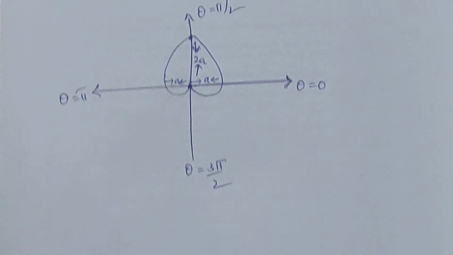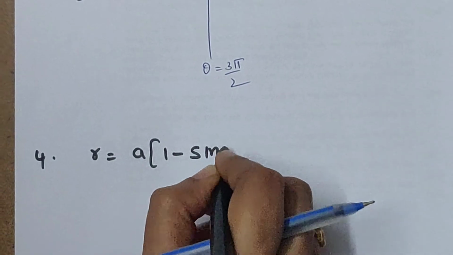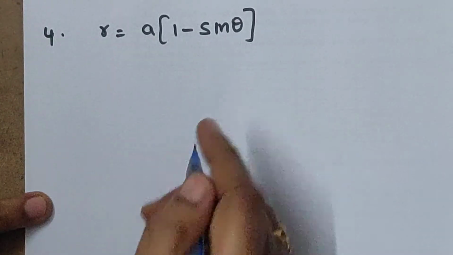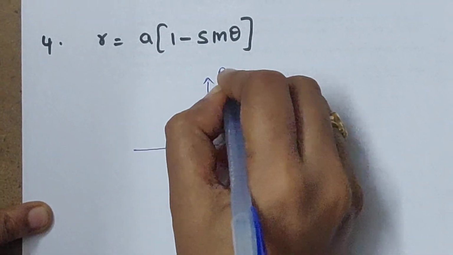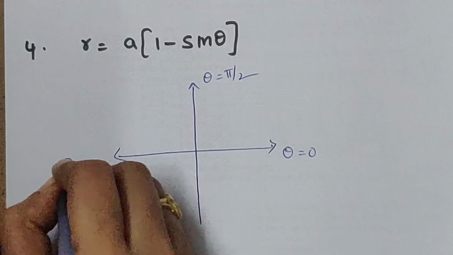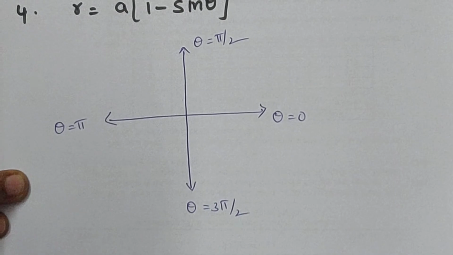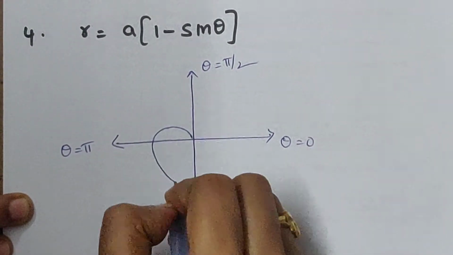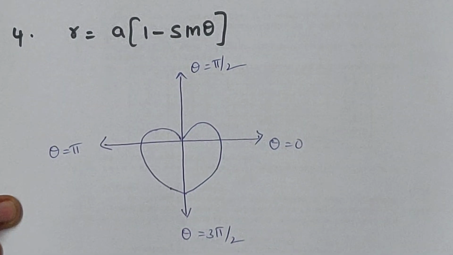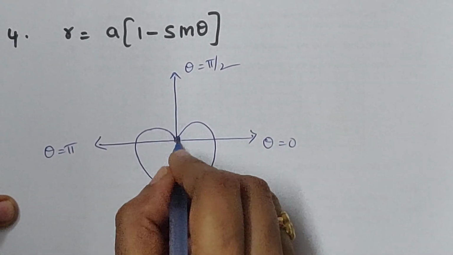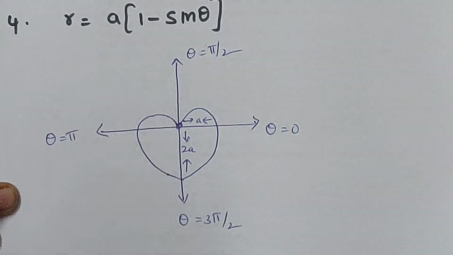Now the fourth cardioid is r equal to a into (1 minus sin theta). Its rough sketch is: theta 0, theta equal to pi by 2, theta equal to pi, theta equal to 3 pi by 2. This is r equal to a into (1 minus sin theta). 2a units and this is a units.